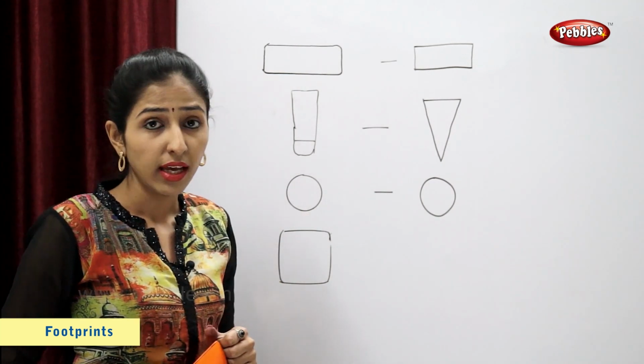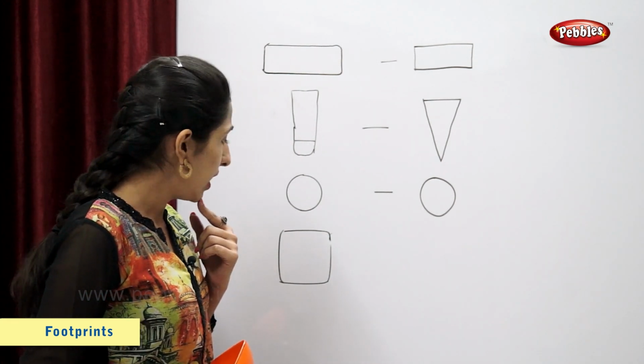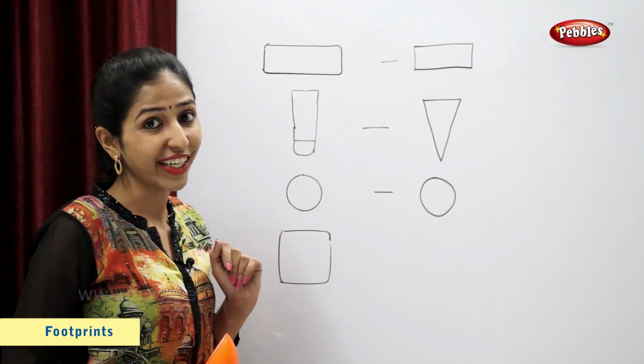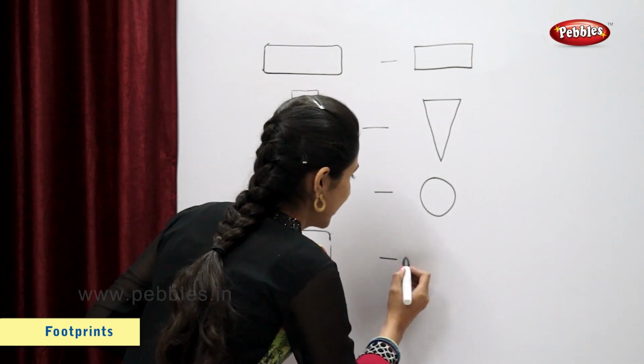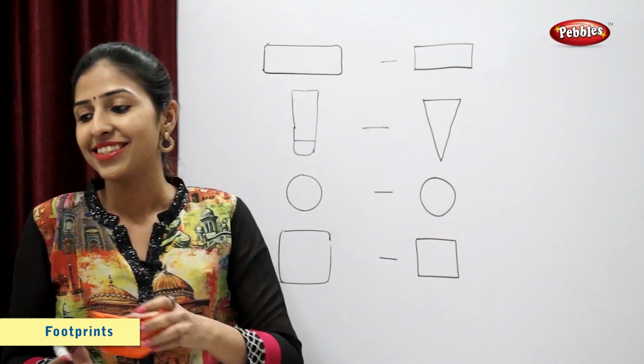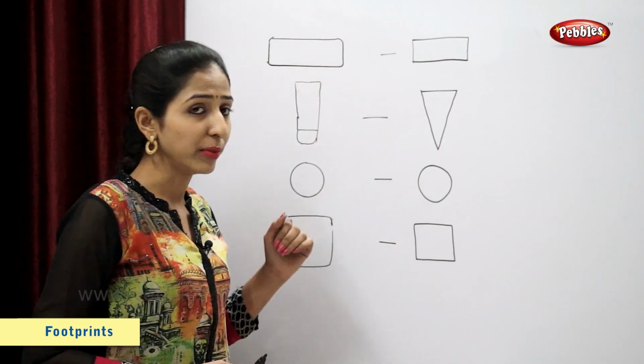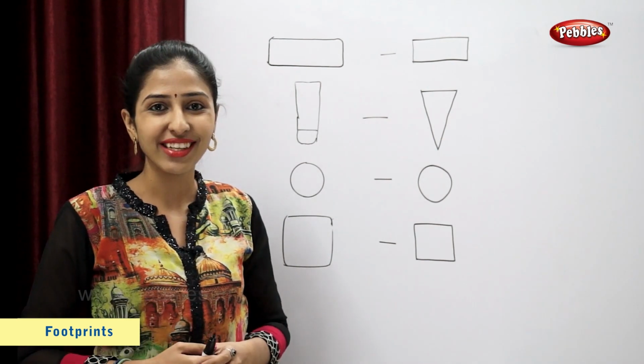Look and tell me, can you relate this to any shape? Well, I think this looks like a square. So students, we have traced different objects that represent basic shapes. Students, there is some homework for you. You have to take any 5 objects that you use in your home and trace them in your notebook. Try to relate those traced figures with the basic shapes.